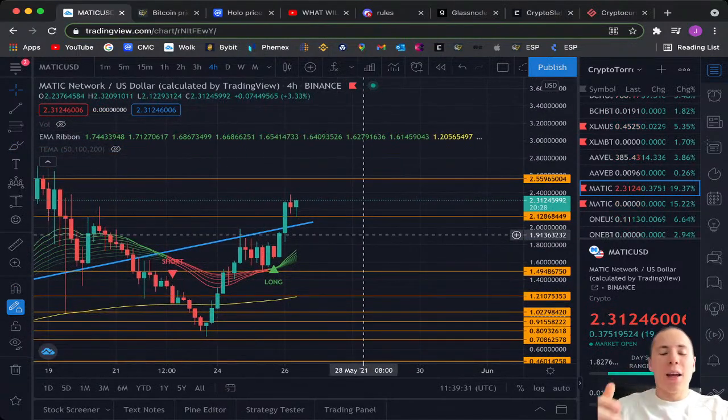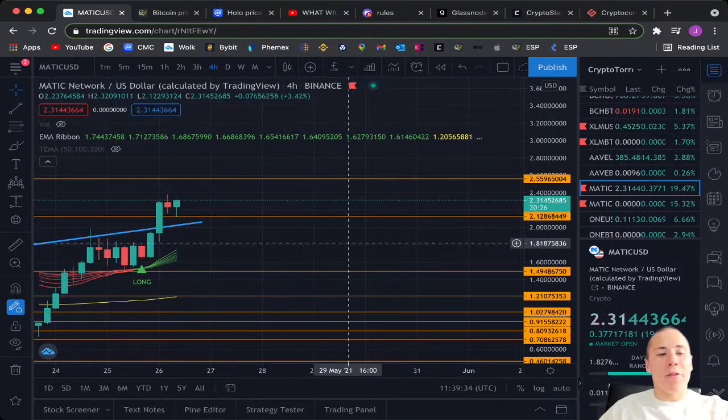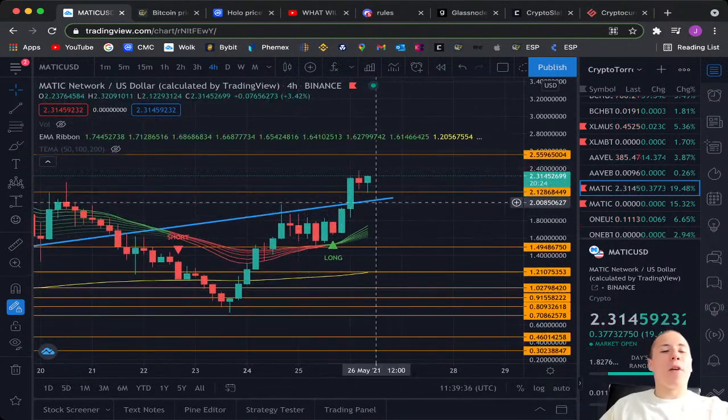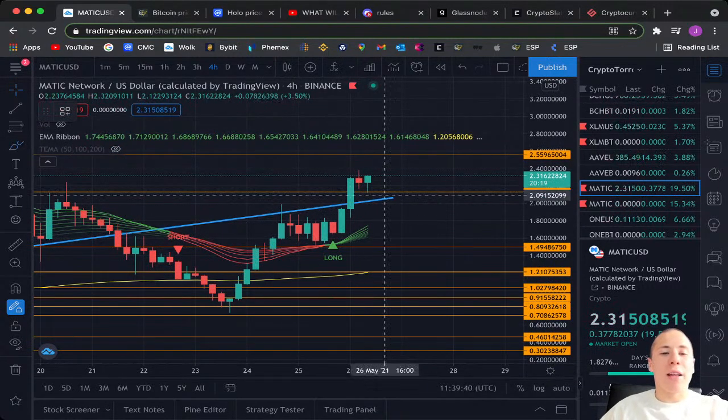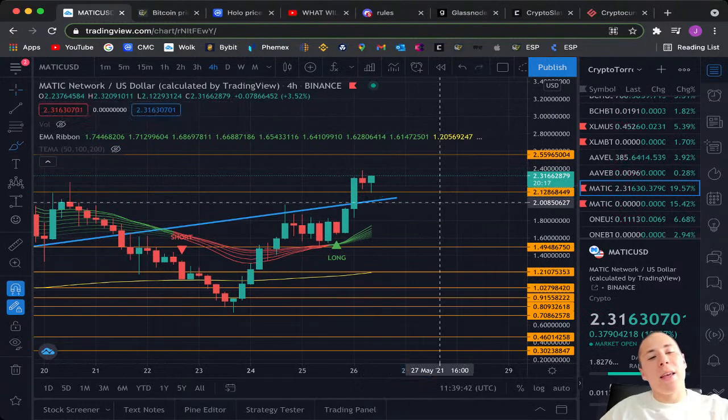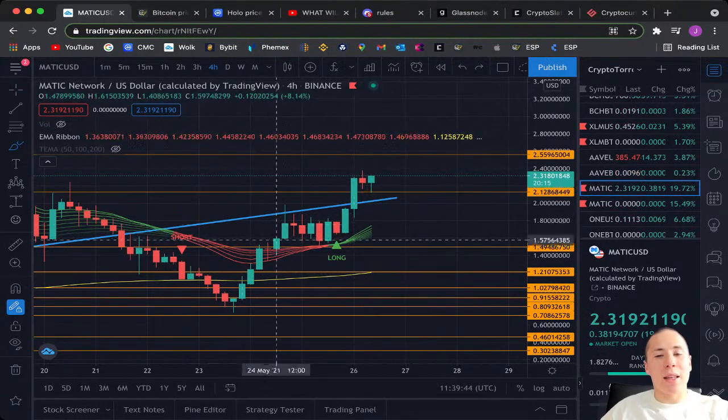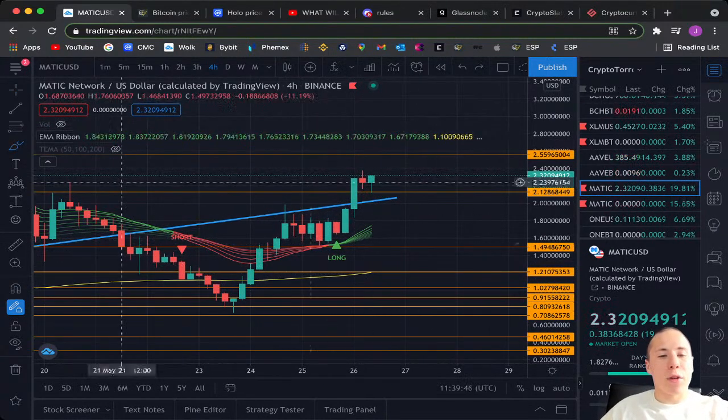And right now Polygon broke above this major level of upward sloping resistance, and I'm personally waiting for it to find support on top of it. And yes, for sure, we will be seeing this happening on the Matic network chart.